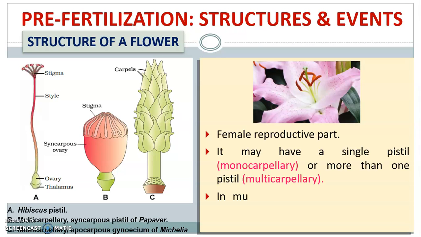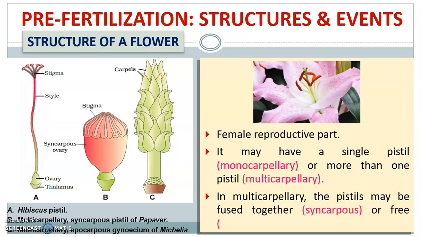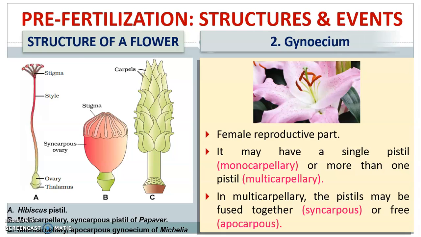The female reproductive structure of the flower is known as gynoecium. This gynoecium is also known as pistil and carpel. So these three terms represent the same thing, that is the female reproductive part of the flower.